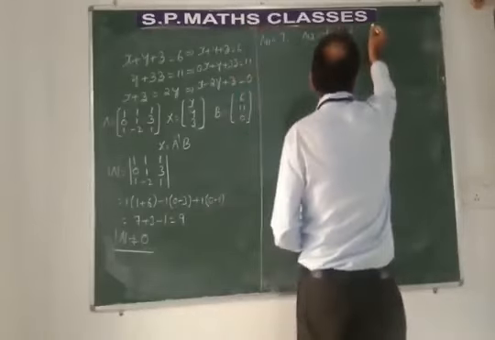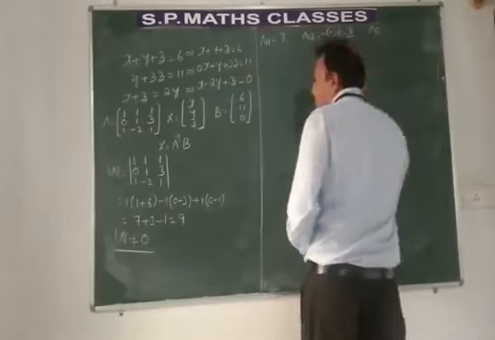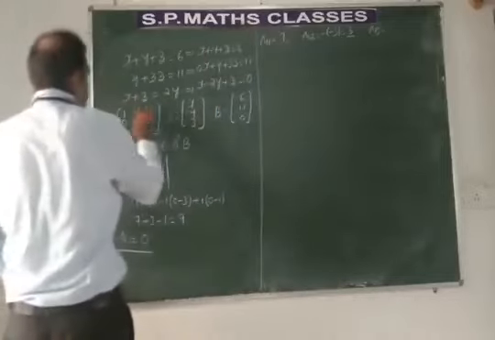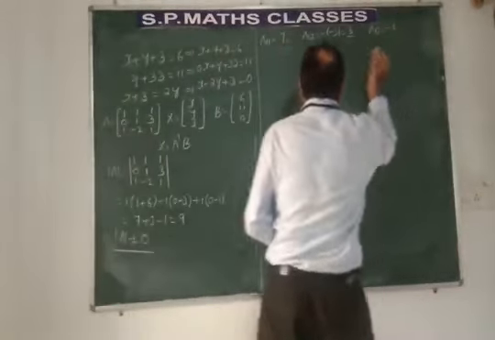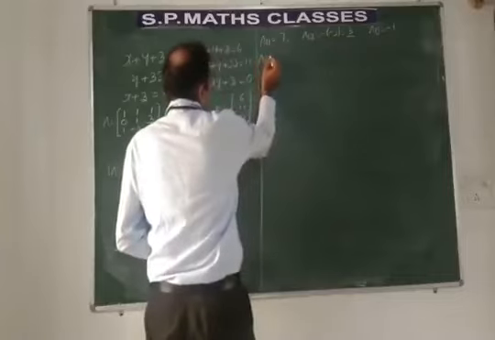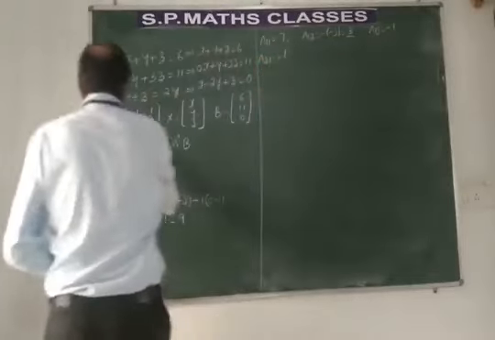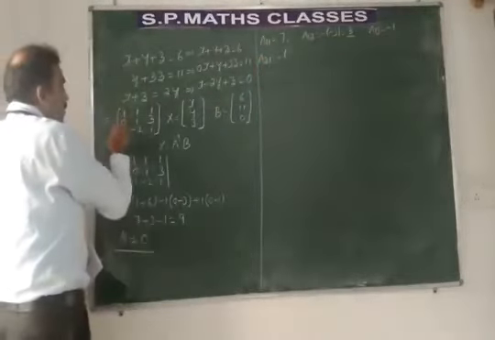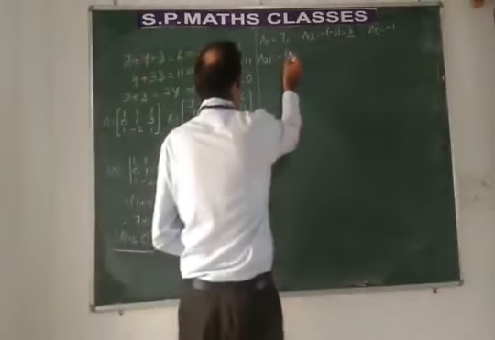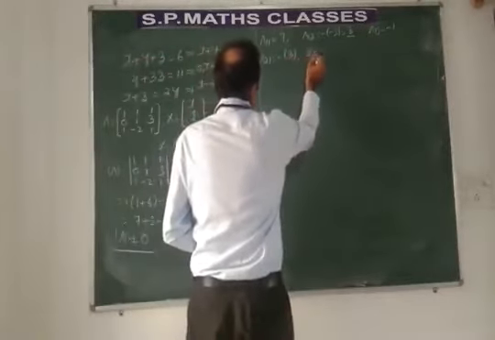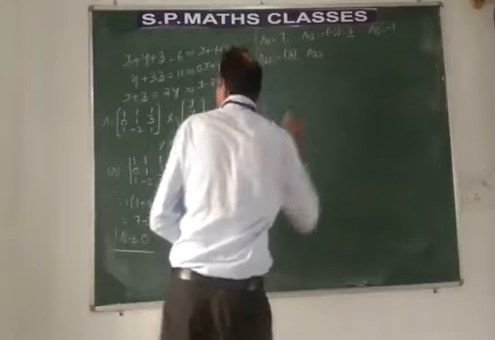Further, A13 I take, so sign is positive, 1, leave the row and column, 0 minus 1, it's minus 1. A21 minus. So you want cofactor of 0, leave the row and column, 1 plus 2, it is 3. Minus 3 you get.